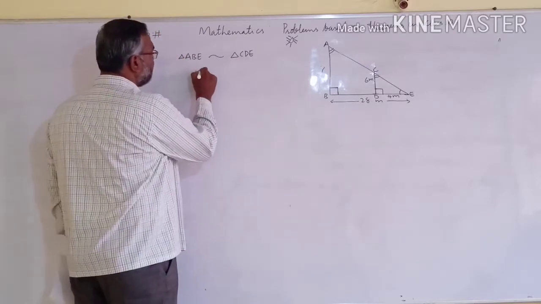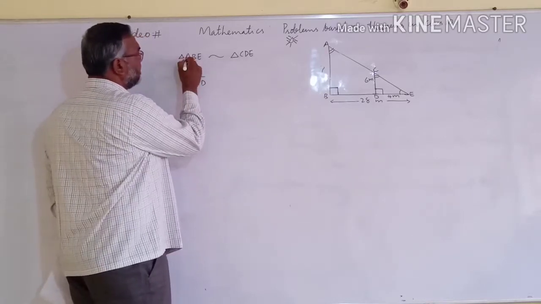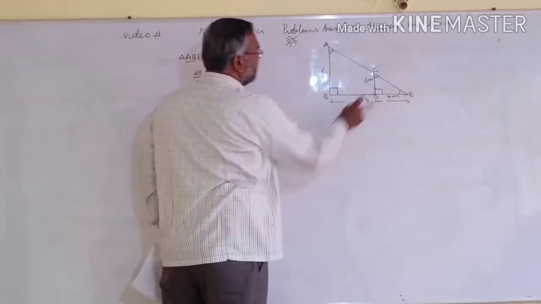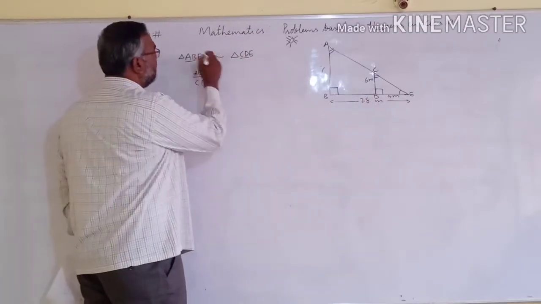So their corresponding sides must be in the same ratio. AB divided by CD, corresponding sides, because angle A is equal to C, B is equal to D, and E is common.